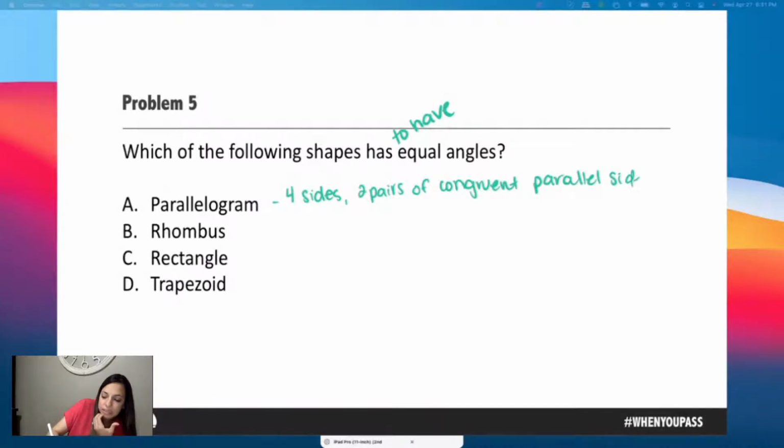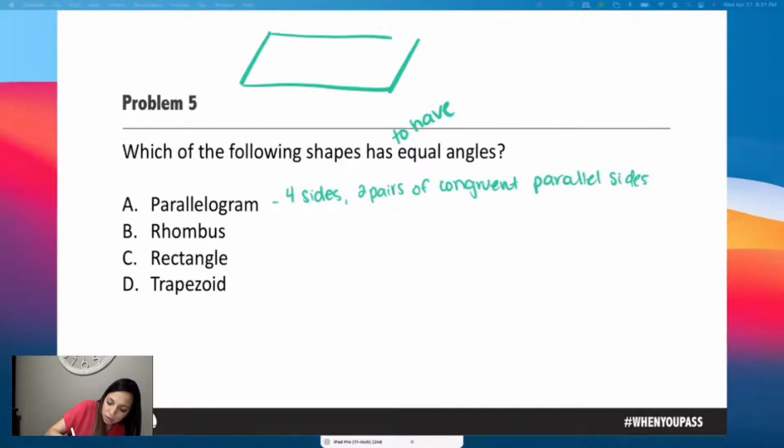A rectangle is technically a parallelogram because it has 4 sides and 2 pairs of congruent parallel sides. These 2 are the same and these 2 are the same. But a parallelogram could also look something like this, and those angles are not going to be equal. This is an acute angle. This is an obtuse angle. So a parallelogram is out. A rhombus has 4 sides.